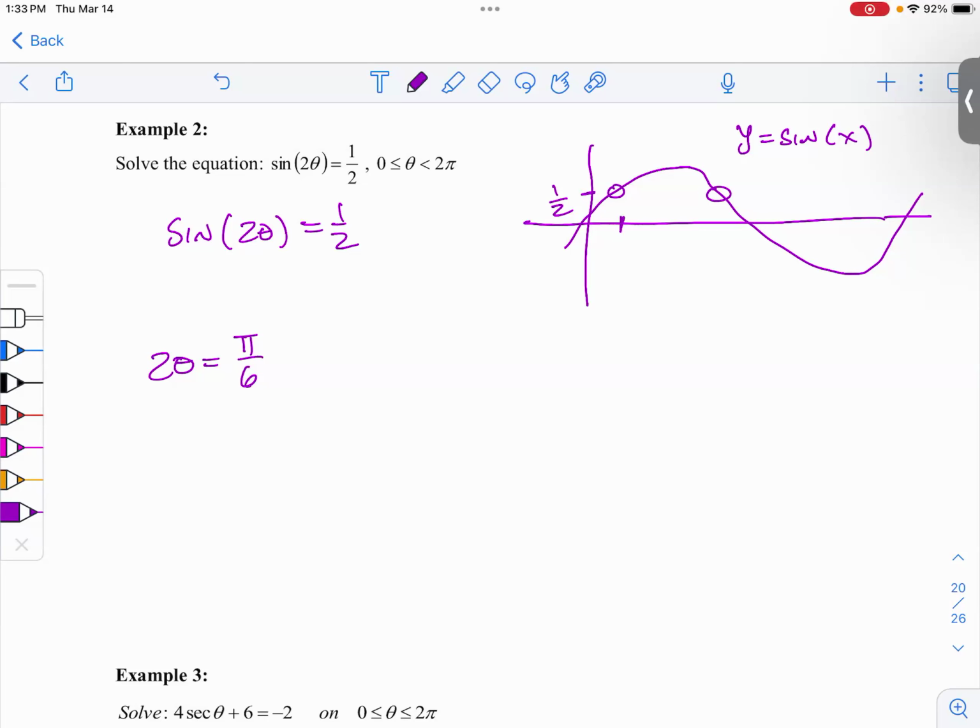So that one is pi over 6. What's the second one? What's the next multiple of pi over 6? 5 pi over 6. Notice that 2 pi over 6 is pi over 3, 3 pi over 6 is pi over 2, 4 pi over 6 is 2 pi over 3. So the next appropriate multiple of pi over 6 is 5 pi over 6.